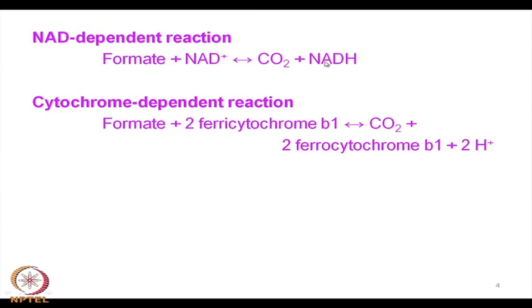So, similarly, the formate is getting oxidized by the oxidized form of nicotinamide adenine dinucleotide phosphate to carbon dioxide and NADH. But if we want to get the corresponding reverse reaction, that means if we want to fix the C1 source, one carbon source of organic matter, that means the carbon dioxide can be fixed as the formate anion, then the reaction should be with the reduced form of the NADPH.